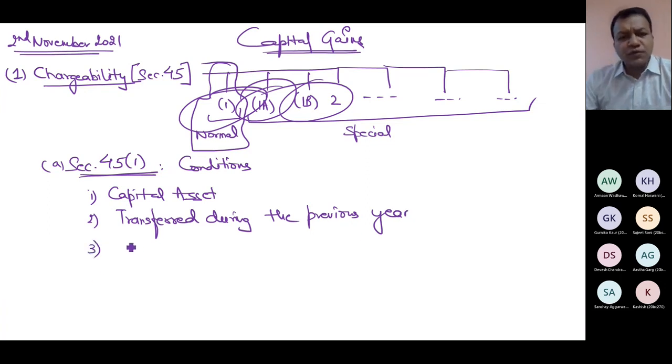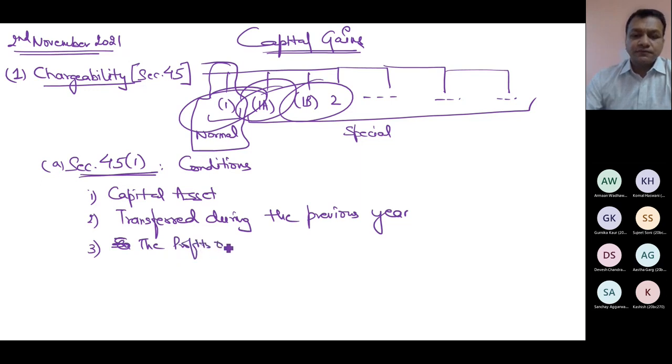Now, such profit or gains, what are profit or gains, is there because of transferring this asset. That profit or gain is not exempt.